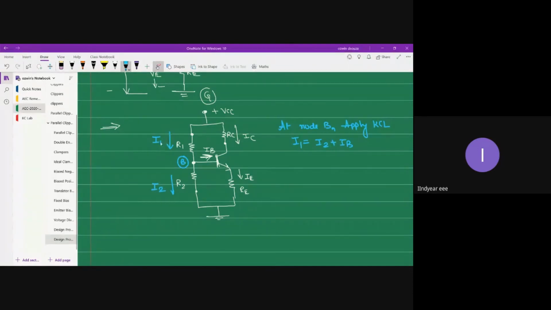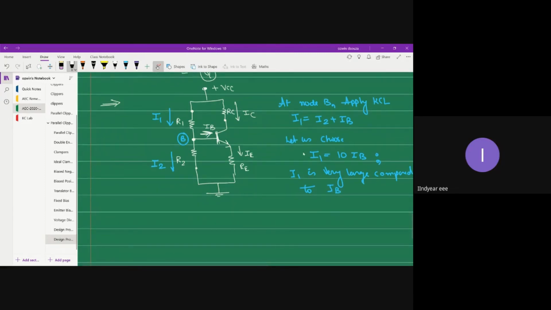So the magnitude of I1 and I2 is very, very high compared to IB, because, as I said previously, they are drawn from the power supply voltage, and the power supply voltage is kept at 10 volts, which is significantly high. So let us choose current I1 equal to 10 times IB. Why? Because I1 is very large compared to IB.